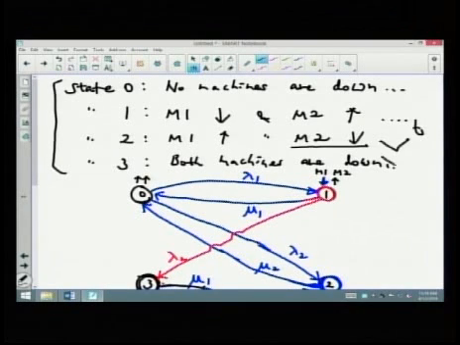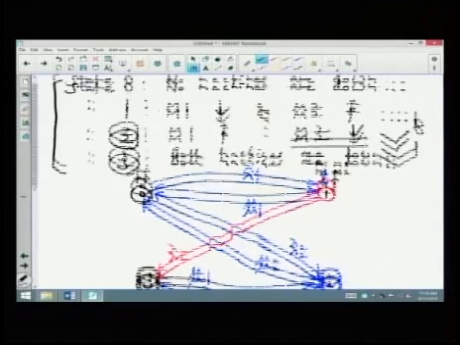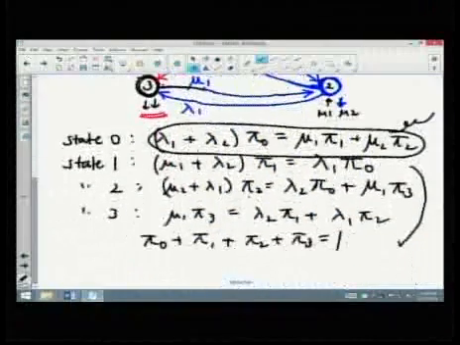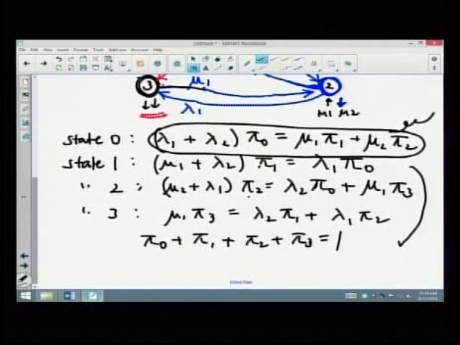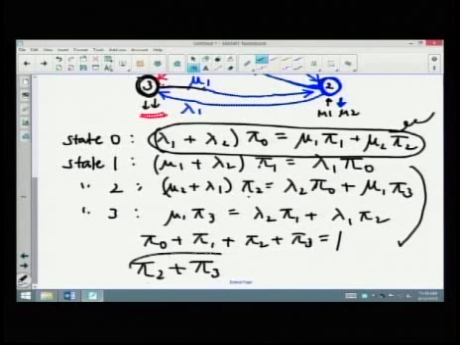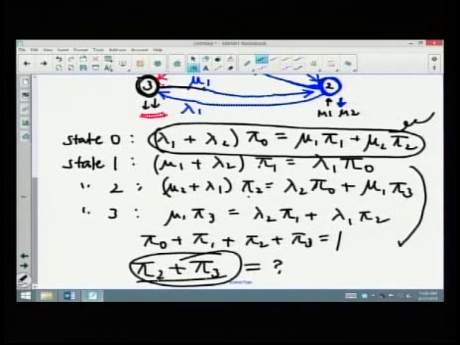So if you are in state number 2 and 3, the machine 2 is down. So how do you answer? Yeah, just add up. Pi 2 plus pi 3 will be the answer, right? But in the exam, I want you to provide me the exact value, okay? Instead of just writing down this, okay?